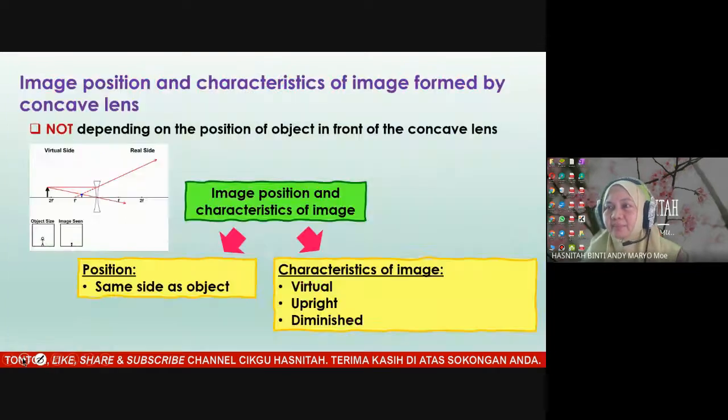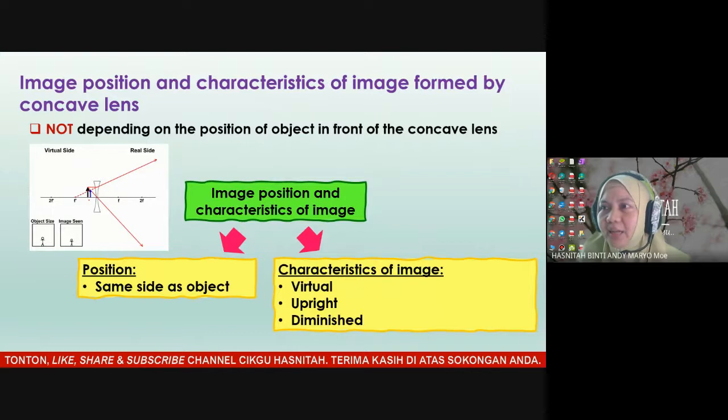All right, now students, for the concave lens. Just now for the convex lens, we understood that the size, characteristic and position of the image depend on the position of the object, but it is different with the concave lens. For the concave lens, it does not depend.